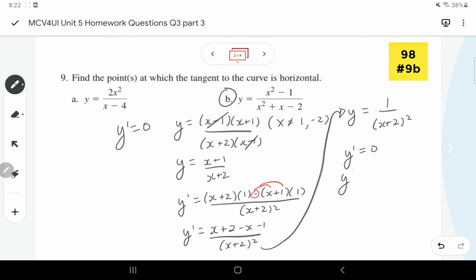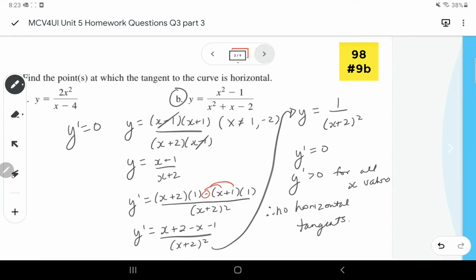So we could say y prime is greater than 0 for all x values. So then there would be no horizontal tangents. Just kind of stating that that derivative can never be a negative or a 0.